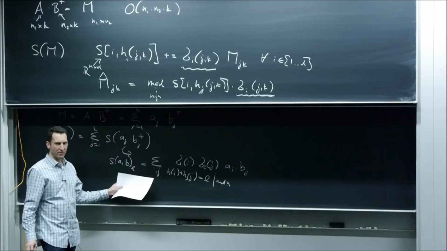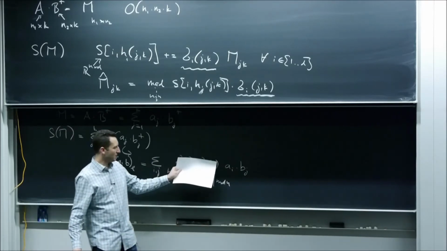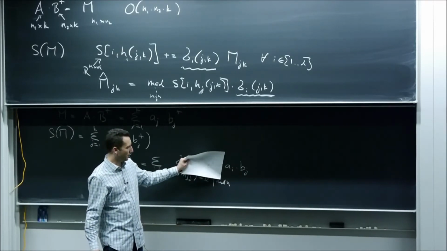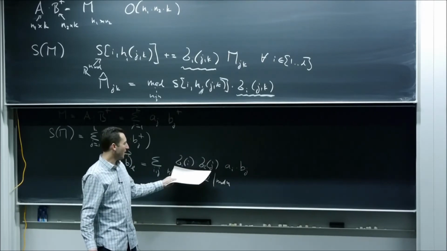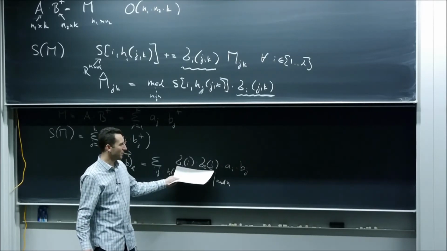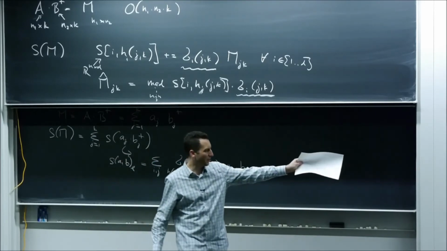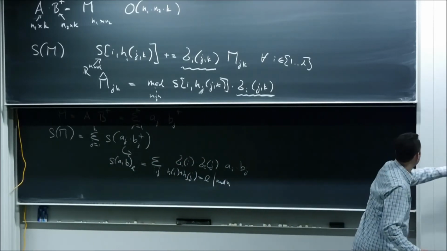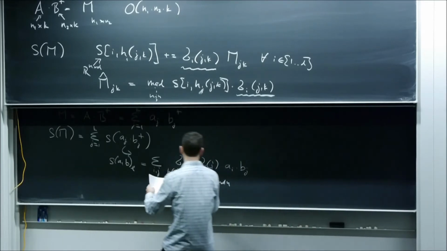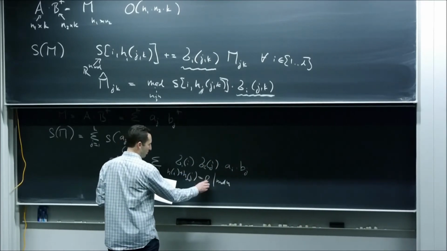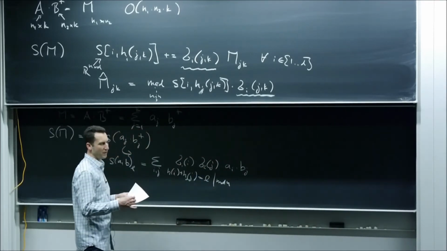Right? Because this is this rank 1 matrix read off at position ij. That's sigma of ij. That's exactly what we proved before on the right. And this is hash of ij matching into bin L. We just proved before that this is okay.